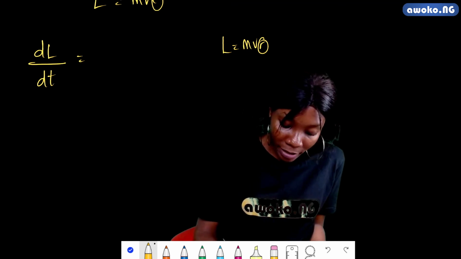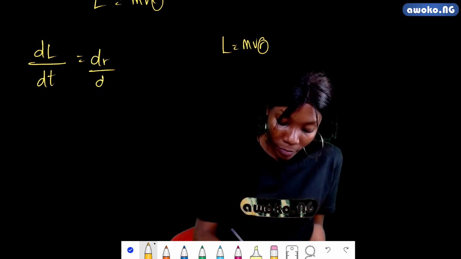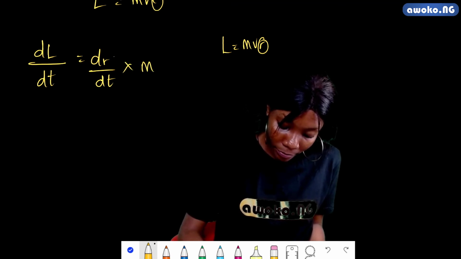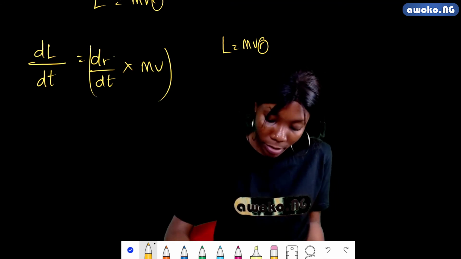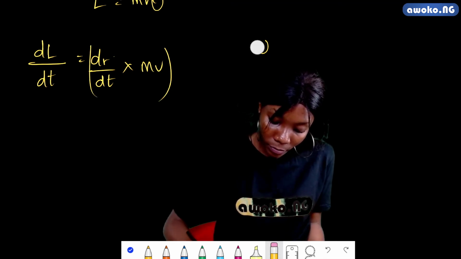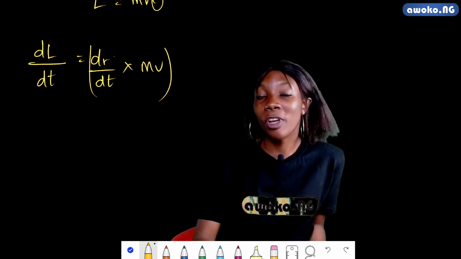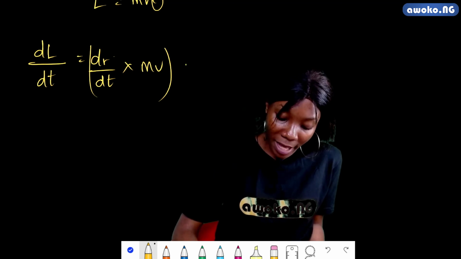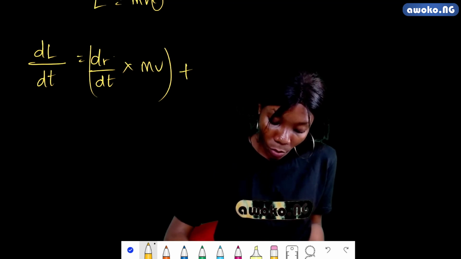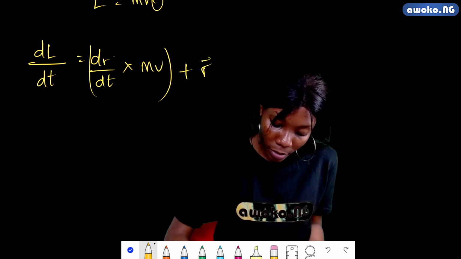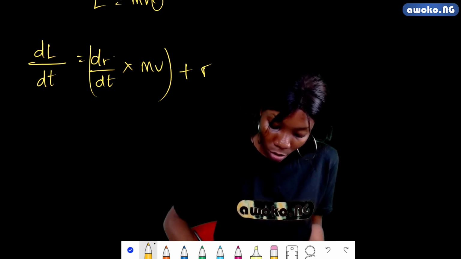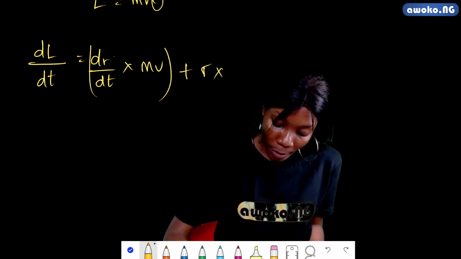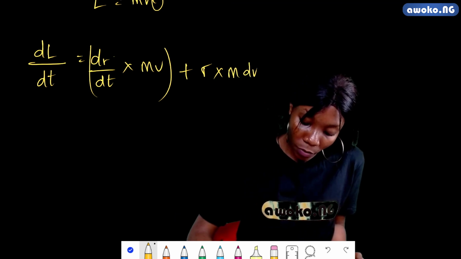So when we do that, we have dr over dt cross mv, put that in brackets. So we're taking the cross product now of this momentum. So we have that plus, so we leave r and take the time derivative of v now. We have m dv over dt.